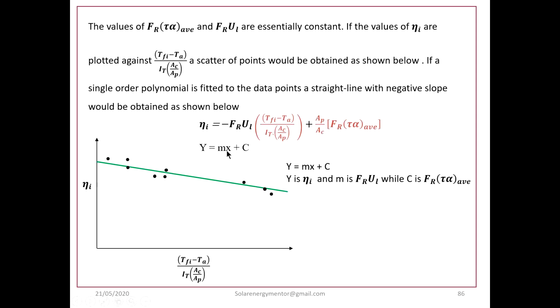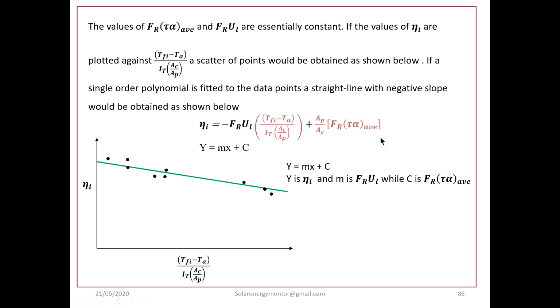We have rearranged the equation here. Now you can see mx: this is m, this is x, and C is AP upon AC FR tau alpha average. So m is the slope of the line, and C is the y-intercept of the line. Here y is the instantaneous efficiency, and m is FRUL. C is FR tau alpha average, AP upon AC.